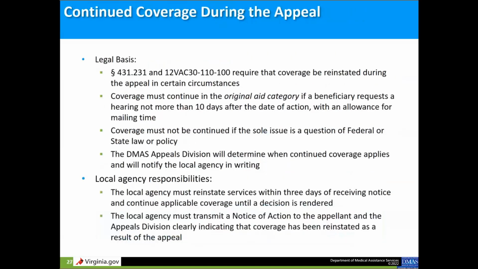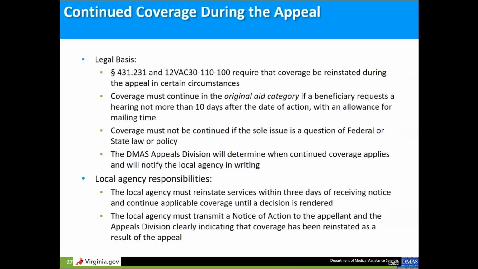I would like to take one more moment to discuss the continued coverage process because it's an important right of the appellant, and we want to ensure that local agencies are complying with federal law on this point. Under Title 42 of the Code of Federal Regulations at Section 431.231, the agency is required to reinstate coverage if the appeal is requested prior to the termination date or if the appeal was requested within 10 days of the notice of action.